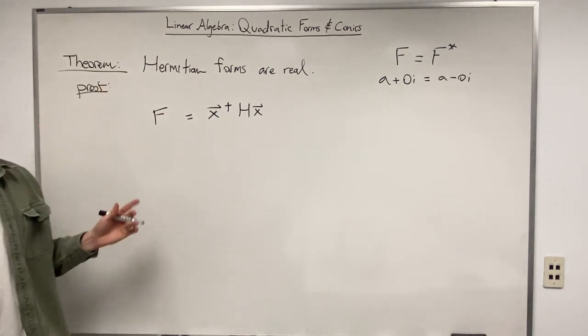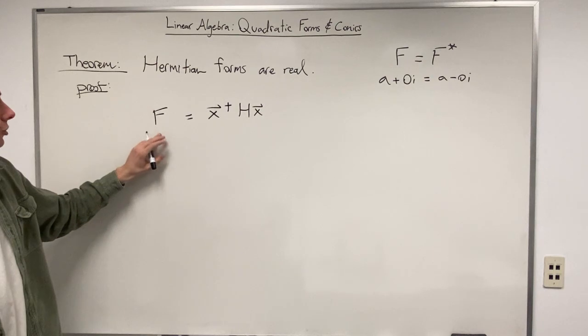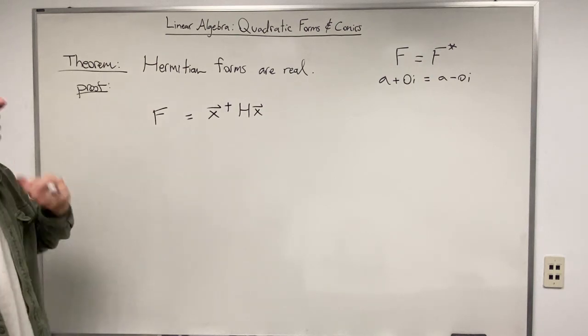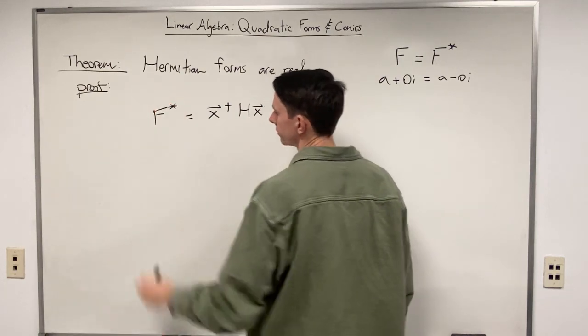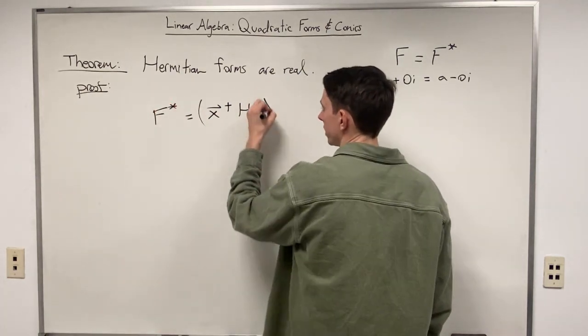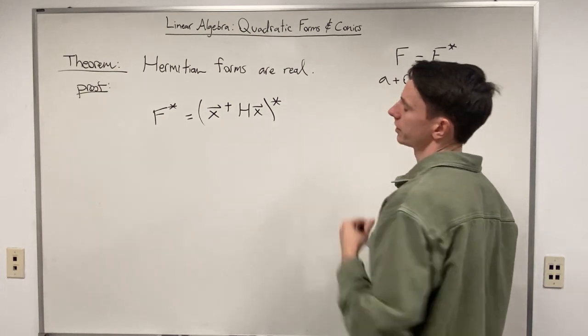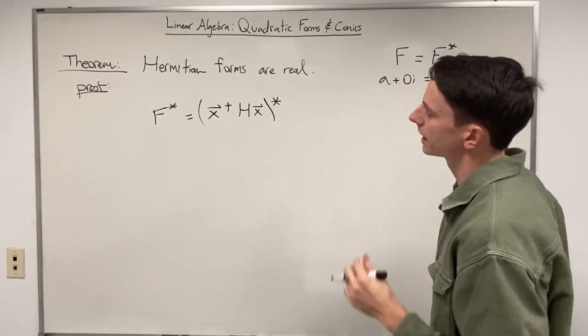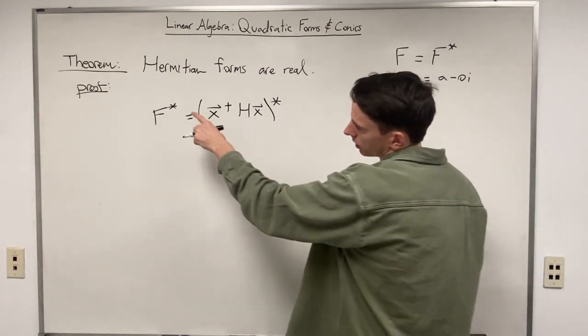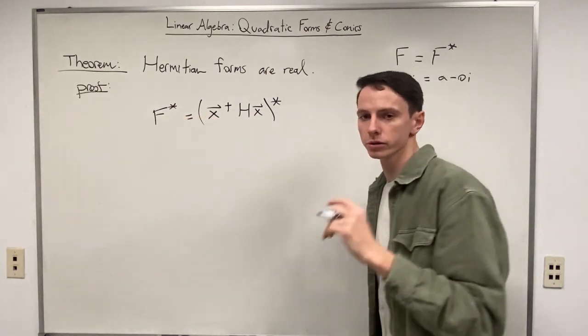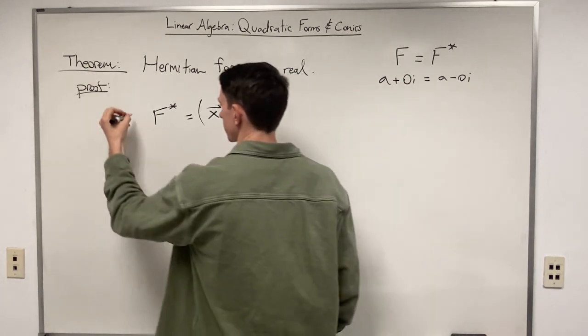So to start the proof off, I'm going to take this Hermitian form right here, f, and take its complex conjugate. So if I take the conjugate of this, then I need to take the conjugate of the overall quantity right here. And as a next step, I'm also going to not just take the complex conjugate of f, but also its transpose, like this.